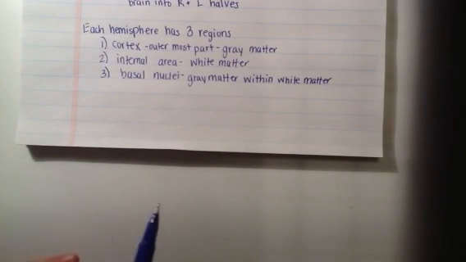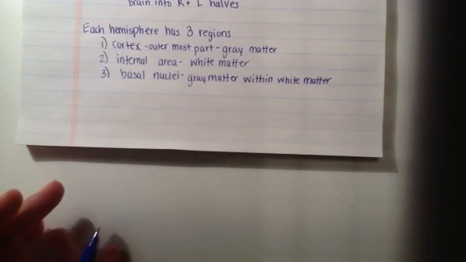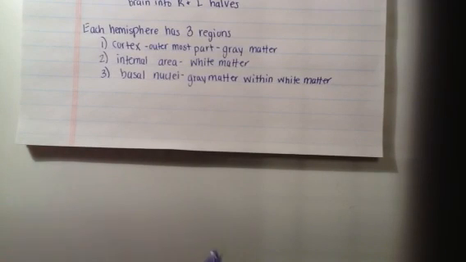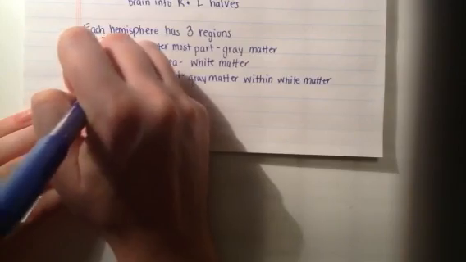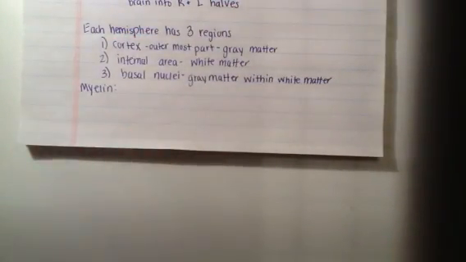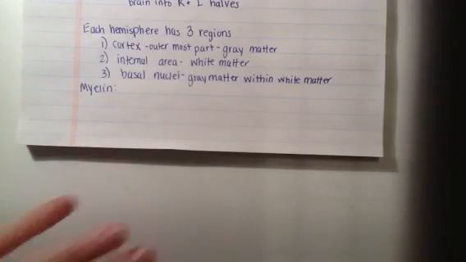Now, what's the difference between white and gray? If something is called white matter of the brain, that means that it is myelinated, meaning that it is covered in myelin. And myelin, we talked about it yesterday with Schwann cells and oligodendrocytes.